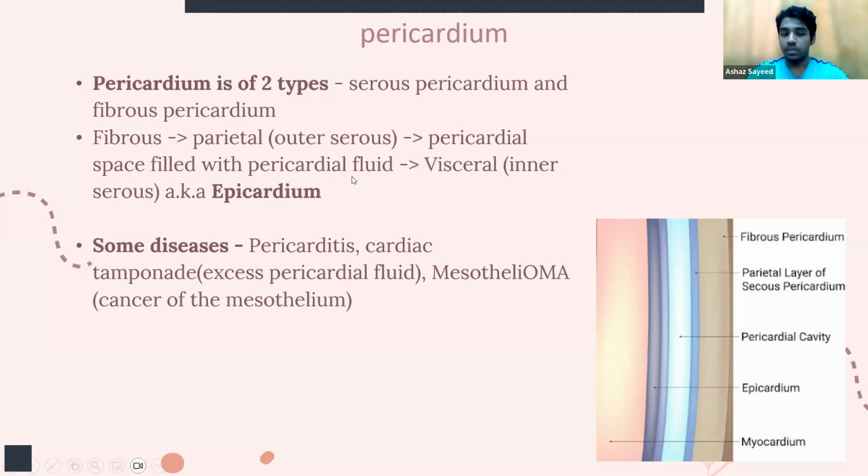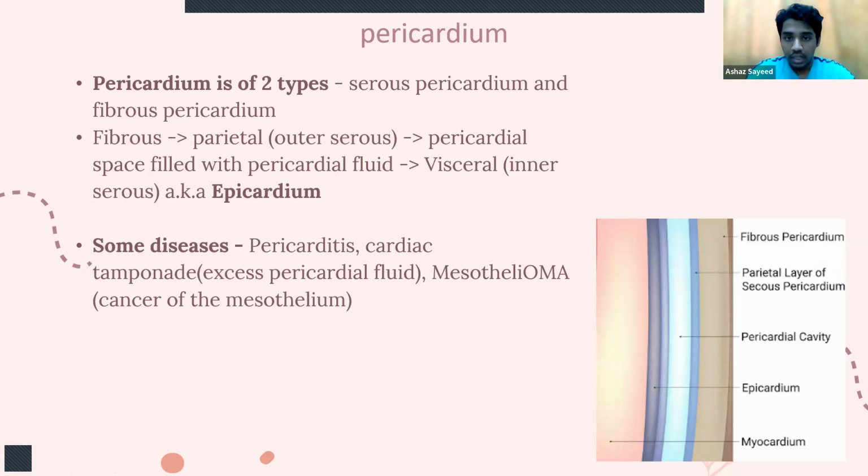Because if this fluid is not present, the heart will get damaged due to friction. Because the heart beats all the time, it should not scrub against a rough surface when it beats. Because at every beat, when it scrubs against a rough surface, you can have scar tissue formation, and that will cause damage to the heart. So just to keep an insulation to prevent it from getting damaged by friction, you have the pericardial fluid.